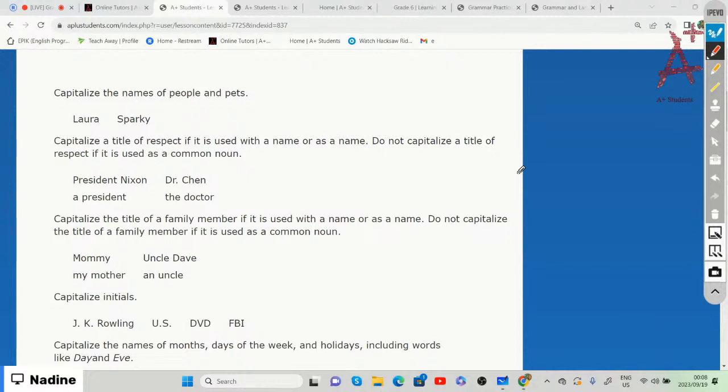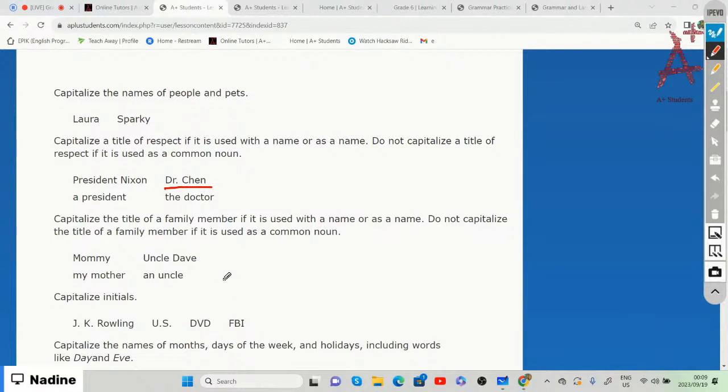But as soon as you specify which doctor you are going to, then you need to write that with a capital letter. For example, Dr. Chen. So Dr. needs to be capitalized, and the name.